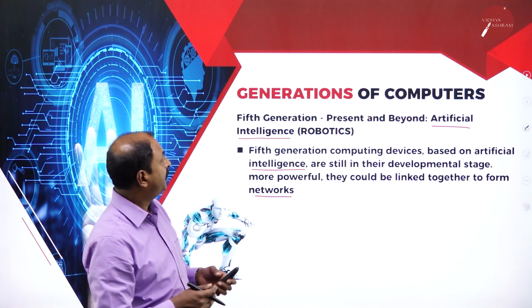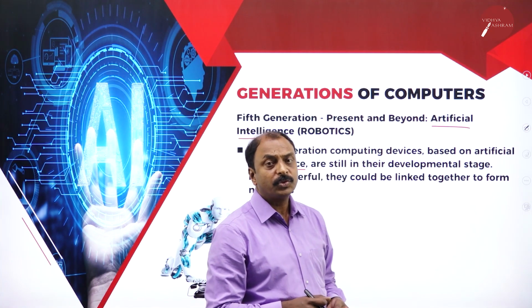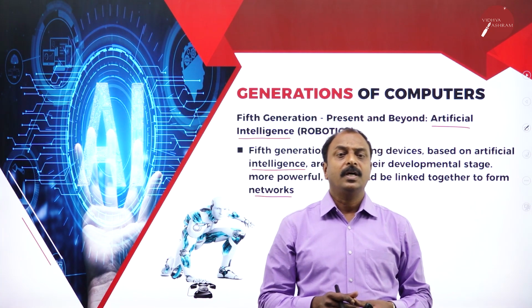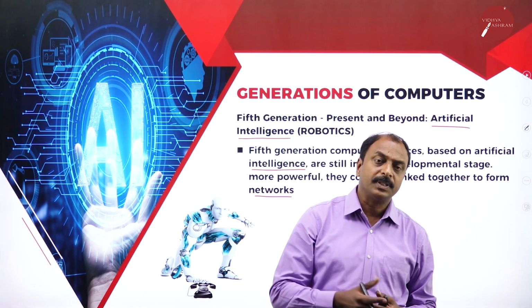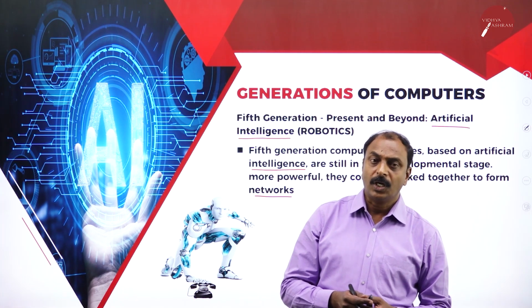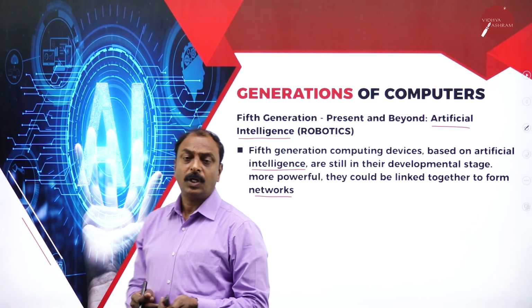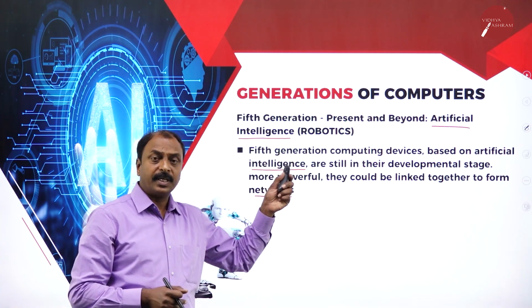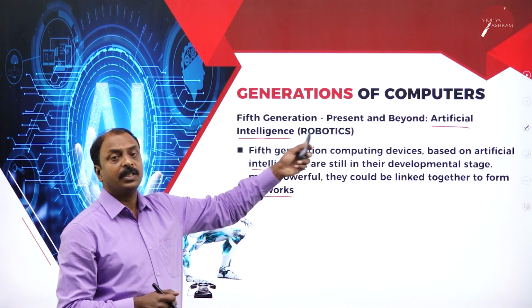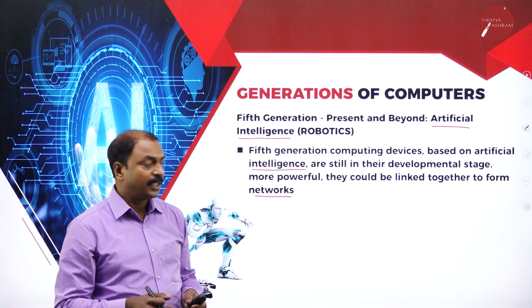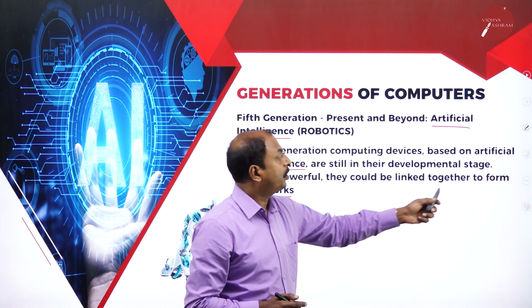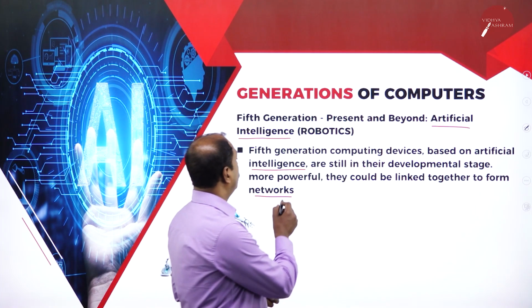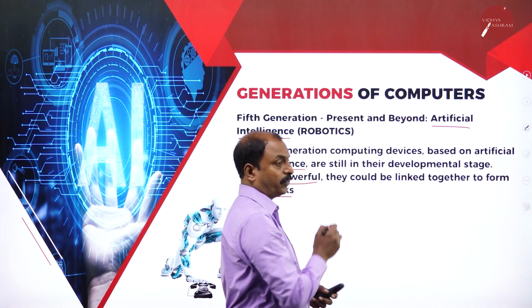Nowadays, this word AI is making a lot of noise, even in the news channels, in the newspapers, or in social media. Now AI is emerging as the new technology in the field of computer science. They could be linked together to form a network, and it could be more powerful.